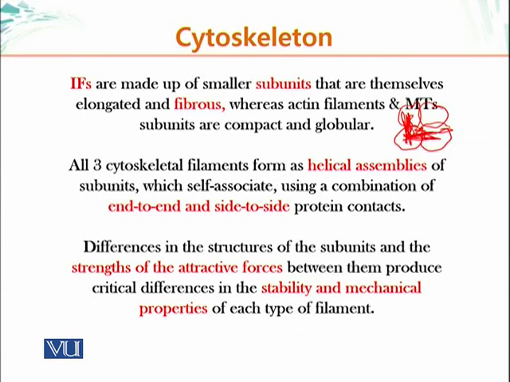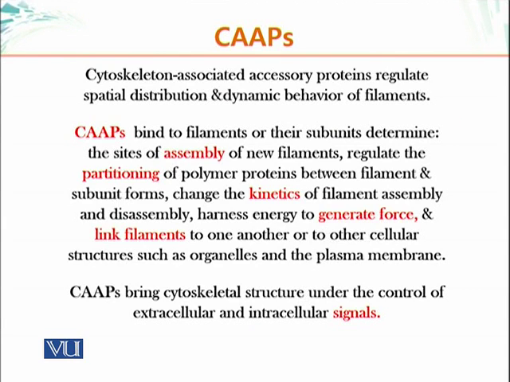For example, as we will see, actin filaments have different mechanical properties as compared to microtubules. These skeletal elements interact with other proteins which have significant influence on the different properties that we have talked about.